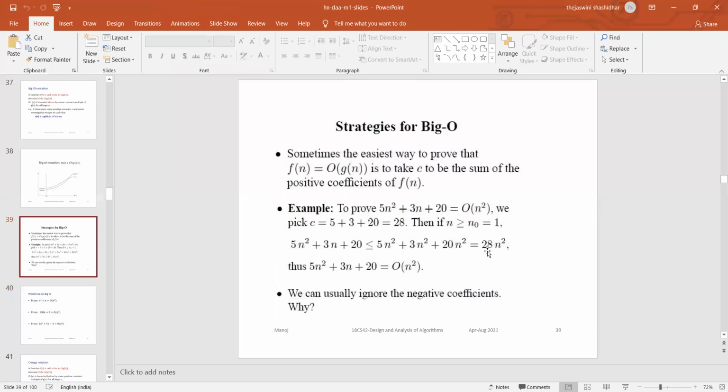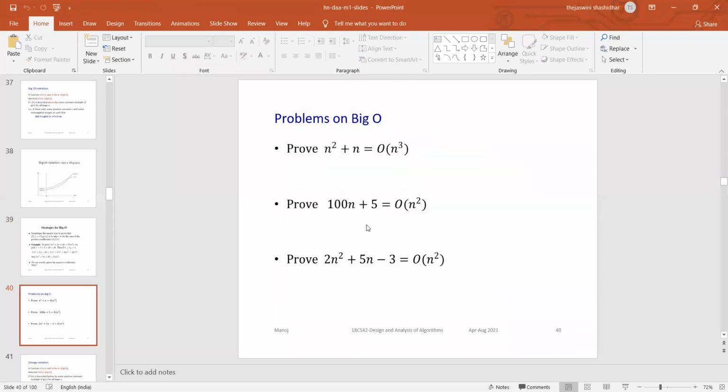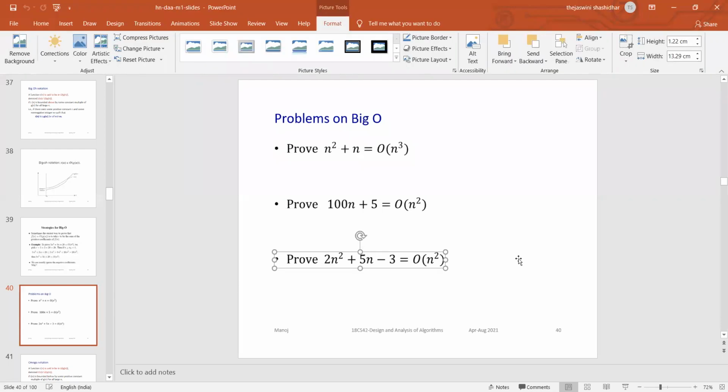Here we get 28n square, but in this problem you get 105n square. Finally, the highest order in these terms is n square only. That's why you can write it as big O of n square. Can anybody solve the next problem? Give the statement for this particular problem.